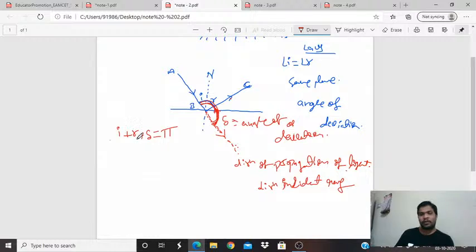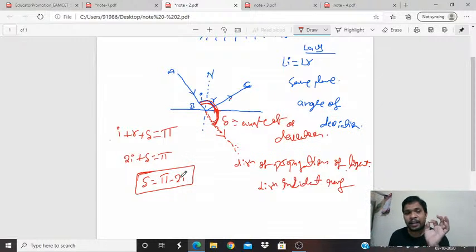Actually i and r are equal, the angle of incidence and angle of reflection. So you can take i plus i, or r plus r. So 2i plus delta equals pi. So delta is pi minus 2i. This is the angle of deviation in case of reflection.